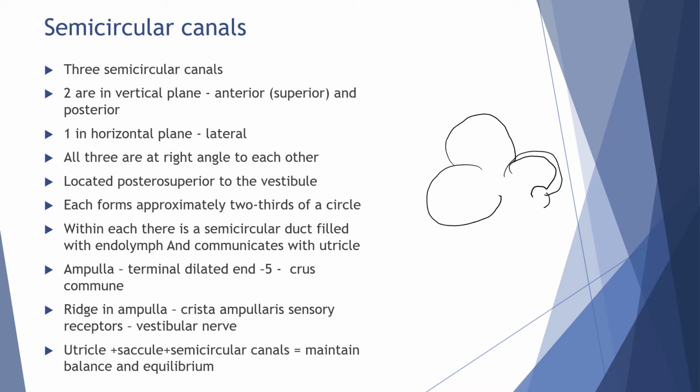So together they should form 6, but because two ends are connected, there is a single opening here, and the remaining dilated ones will form a total of 5 ampullae. The common one is called the crus commune. Inside the ampulla there is a ridge, and on that there are the sensory receptor cells which continue to form the vestibular nerve. The function is to maintain the balance.